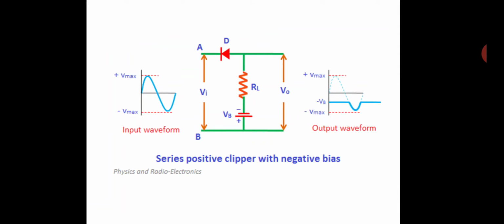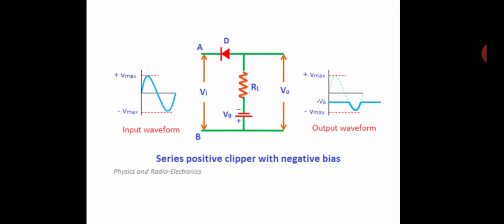If at first Vb, the DC voltage, is greater than the input voltage Vi, then the diode is in reverse bias, so Vi is not received at the output. When the input Vi increases again, and Vi becomes greater than Vb, then the diode is forward biased and Vi appears across the load.